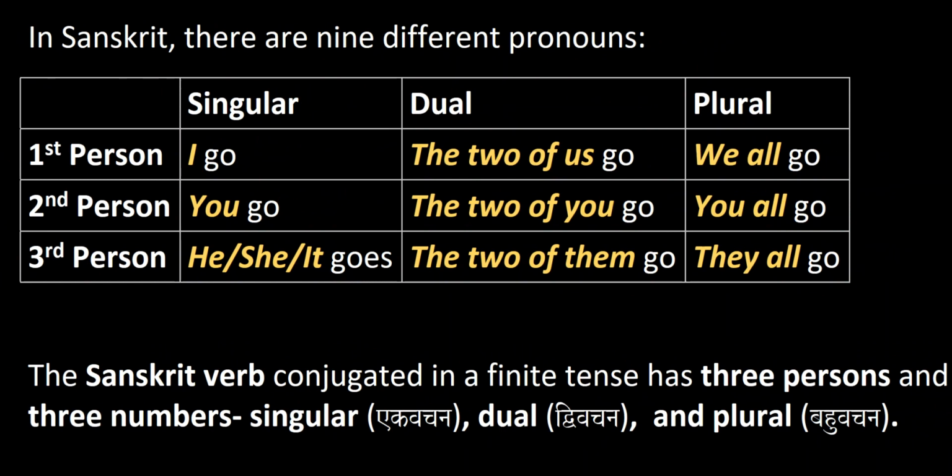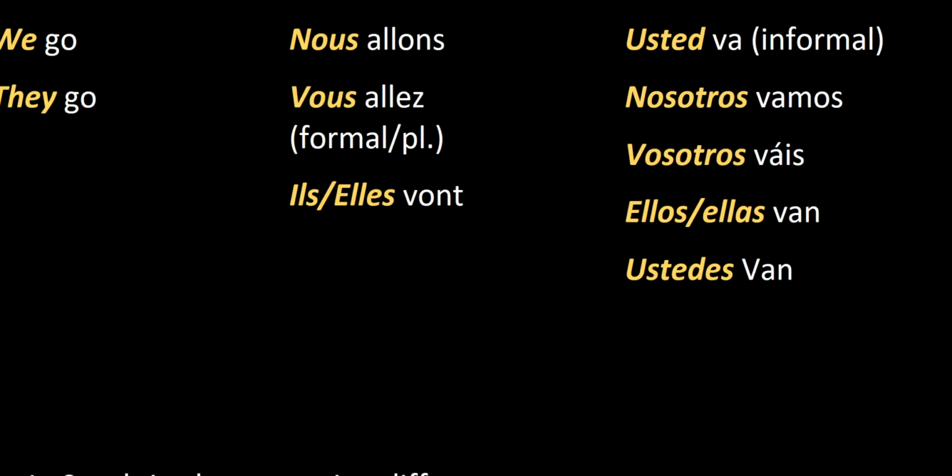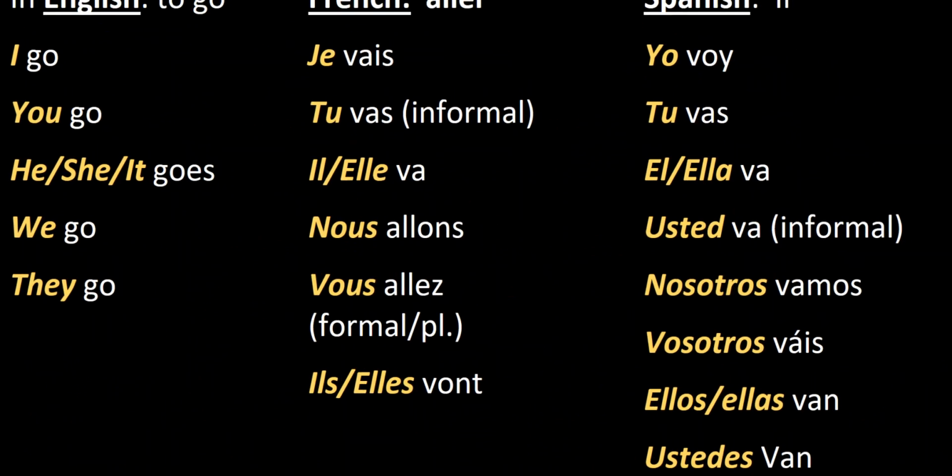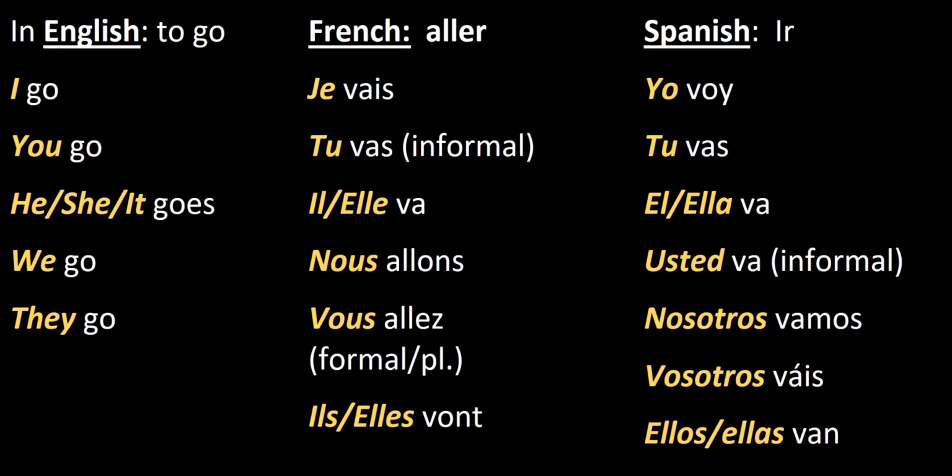So the Sanskrit verb conjugated in a finite tense has 3 persons and 3 numbers. So in the top, you have first person. You have first person is I, second person is you, and he, she, or it is third person.